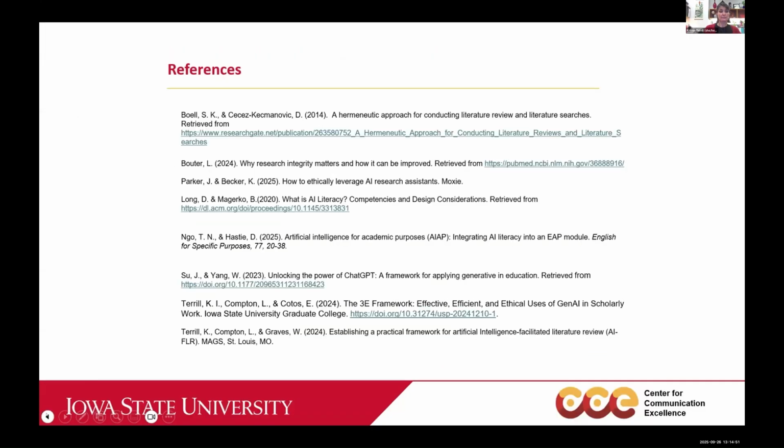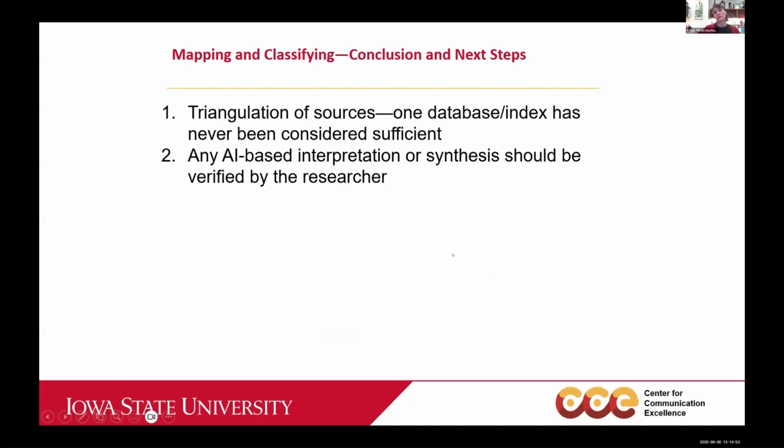So for mapping and classifying, the key takeaways and conclusions for that activity of using either research report or list of concepts to do the literature review step of mapping and classifying is that for literature review generally, it is critical to triangulate sources.